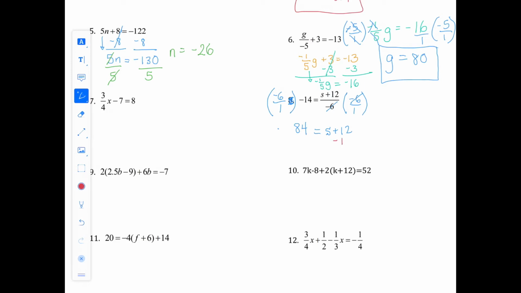So I want to use the additive inverse, the opposite of what addition is, to get rid of that. So that leaves me with s equals, and then I take 84 minus 12, and that gives me 72. And look, folks, I'm going to use my symmetric property of equality. If 72 equals s, then s equals 72.